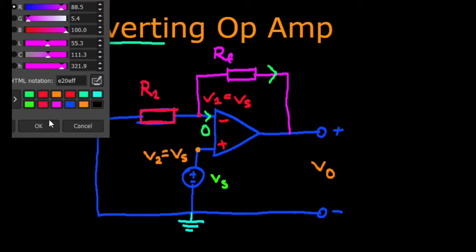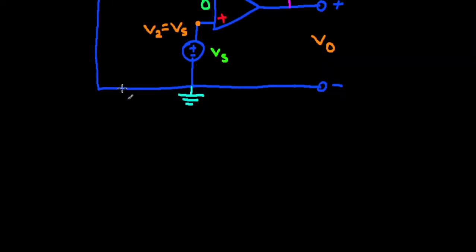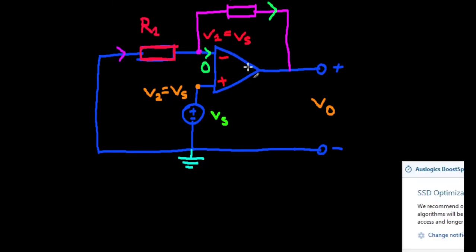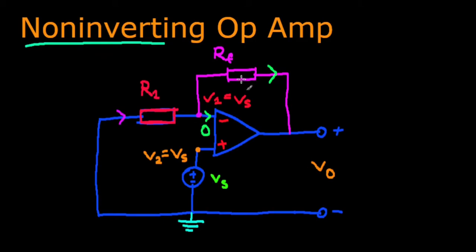What we have is this current going into this node. If we consider this node and apply nodal analysis or KCL here, the current entering this node has to be equal to the current exiting here. So this is equal to this.